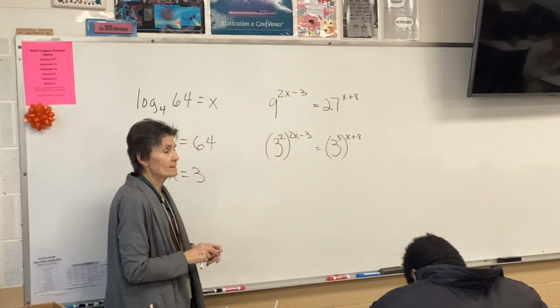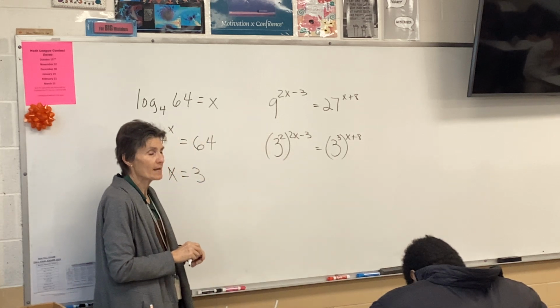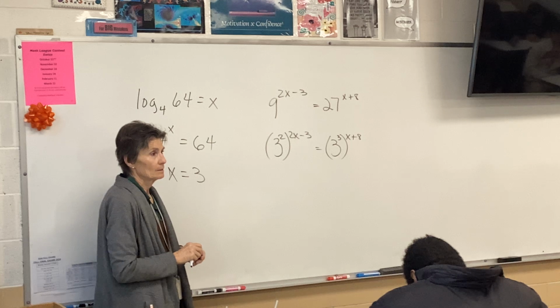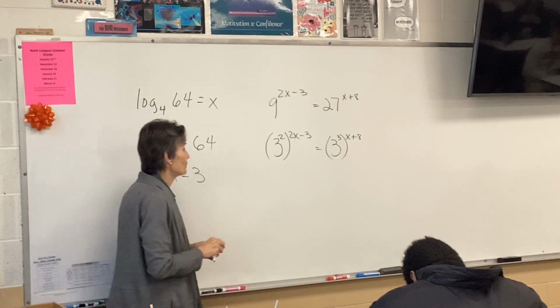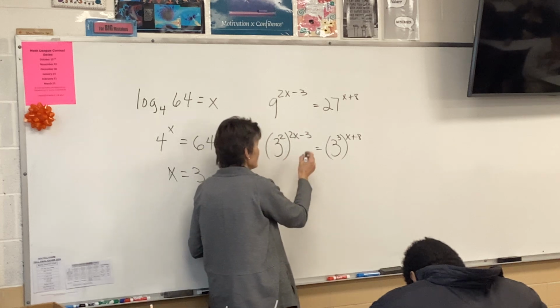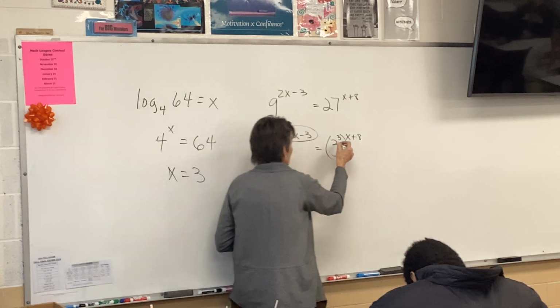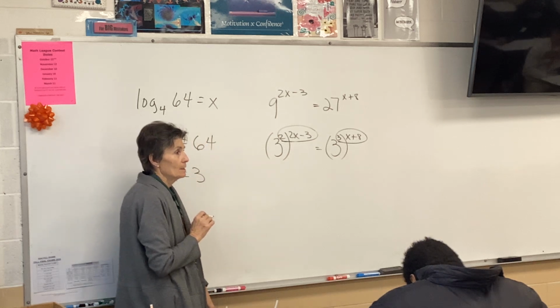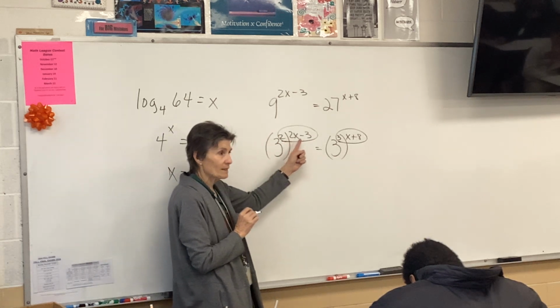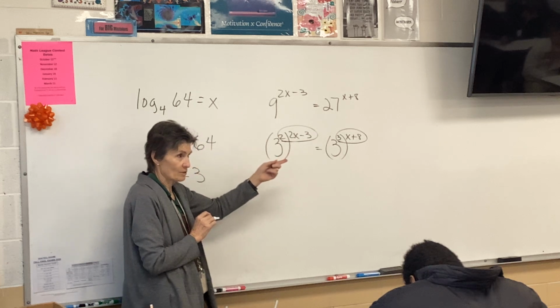And then once you have them both the same, then what can you do? You can drop the bases and just focus on solving the exponents. And they're exactly what they look like. They are distributives.